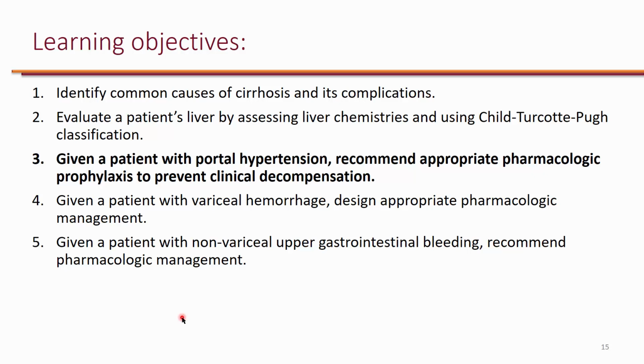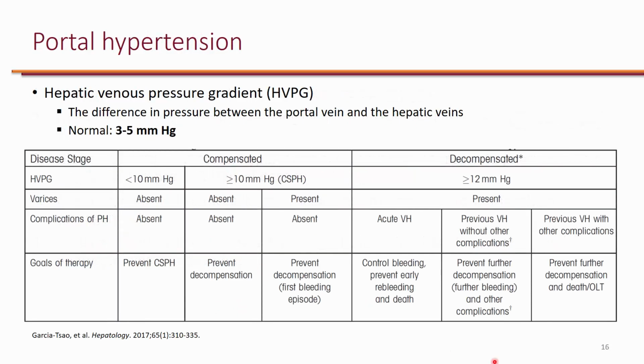The next learning objective is, given a patient with portal hypertension, recommend appropriate pharmacologic prophylaxis to prevent clinical decompensation. What exactly do we mean by portal hypertension? There is the hepatic venous pressure gradient, which is the difference in pressure between the portal vein and the hepatic vein, and it's normally 3 to 5 millimeters of mercury. Anything above this range is considered portal hypertension, and the severity depends on how high it is.